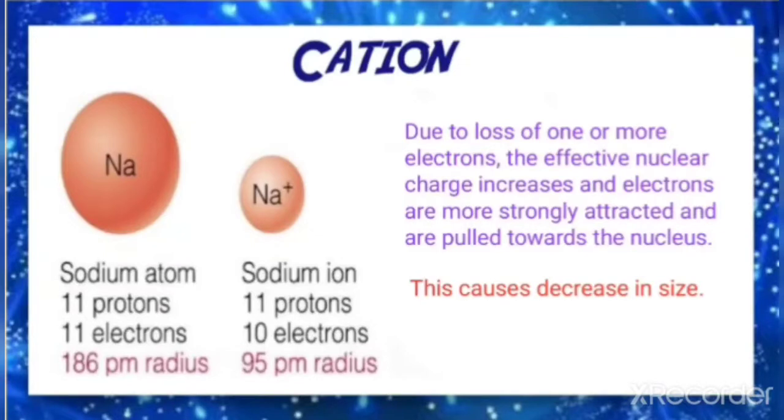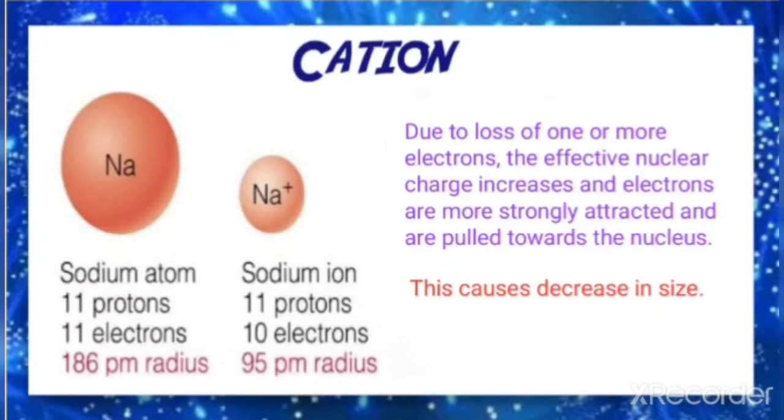So the size of the cation is smaller compared to the parent atom because the effective nuclear charge increases, therefore the electrons are strongly attracted and pulled towards the nucleus. When you compare the values, it is clear that the size of the sodium ion is less than the size of the sodium atom. So these are the two reasons we have discussed for the case of cation.